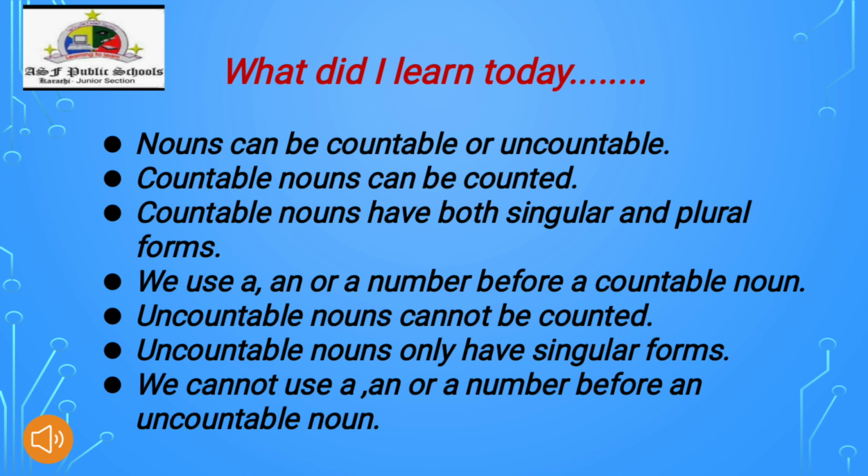Kids, what did you learn today? Let's take a brief look at the points we have learned in this lesson. Nouns can be classified as countable nouns and uncountable nouns. Countable nouns can be counted. Countable nouns have both singular and plural forms.